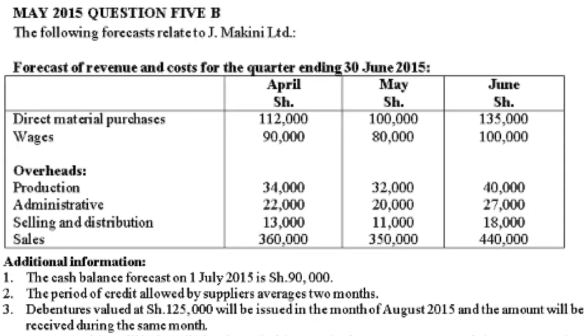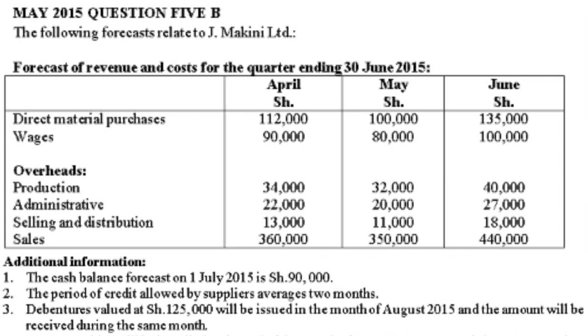The question reads, the following forecast relates to J. McKinney Limited. Forecast of revenue and cost for the quarter ending 30th of June 2015. You're given April, May, and June. Direct materials purchases, 112,000, 100,000, and 135,000.